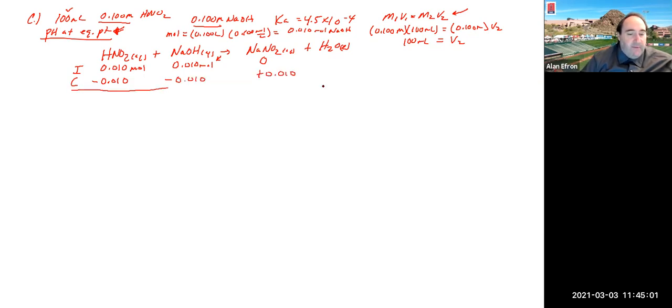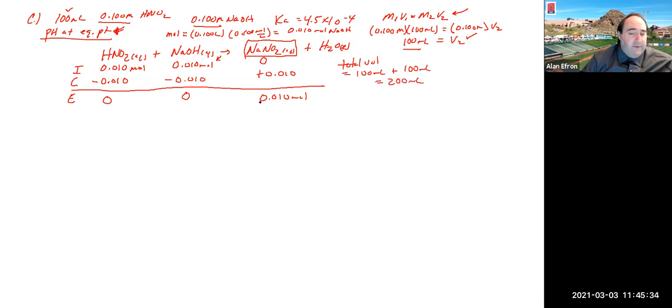That means, as we would expect in this case, all the acid we started with is gone. All of the strong base we added is gone. And we are left with this many moles of this guy here. Also, this is why it's important to figure out what the volume is to reach the equivalence point, because now you know your total volume is going to be the 100 milliliters we started with of the acid, and obviously the 100 milliliters of the base we need to add, giving us 200 milliliters as total volume.